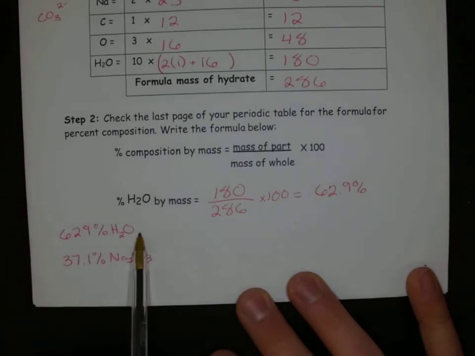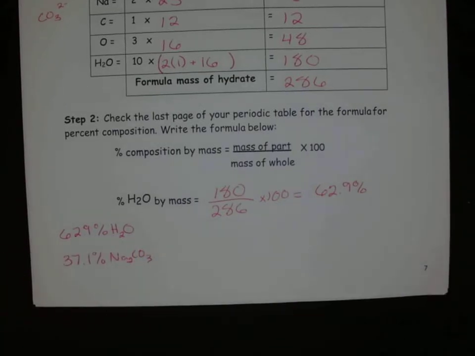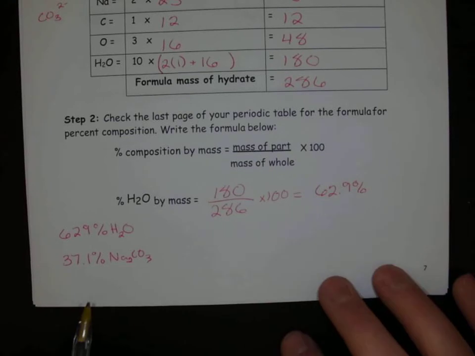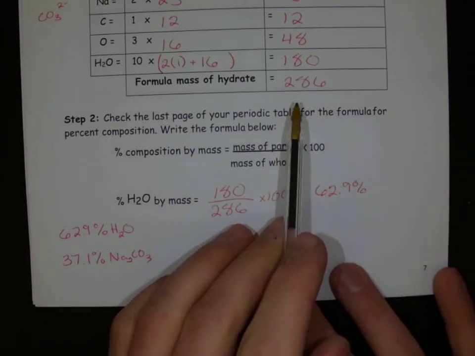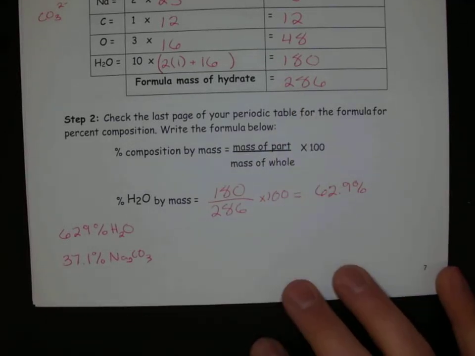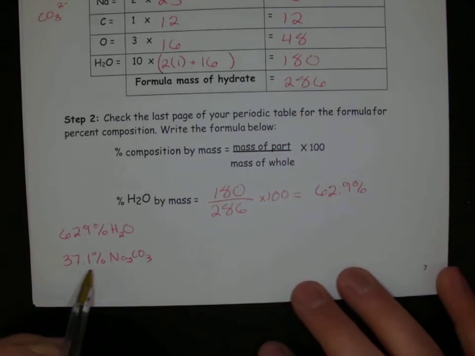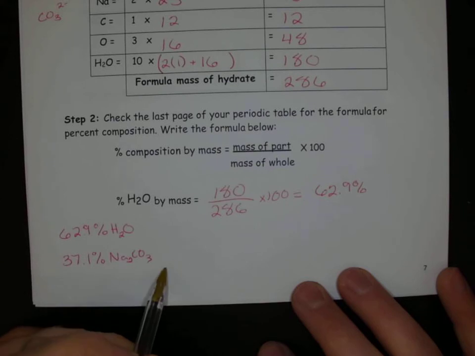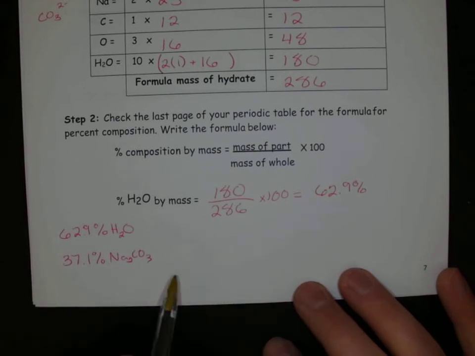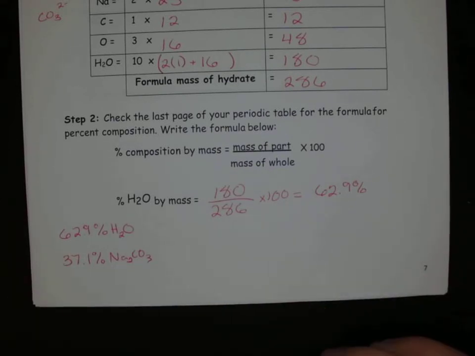What we can do is exactly the same as our empirical formula and actually identify what the hydrate formula is, okay? So what we can do is we can take our percent to mass, mass to moles, and then divide by the smallest number, and that's going to give us our hydrate formula, okay?